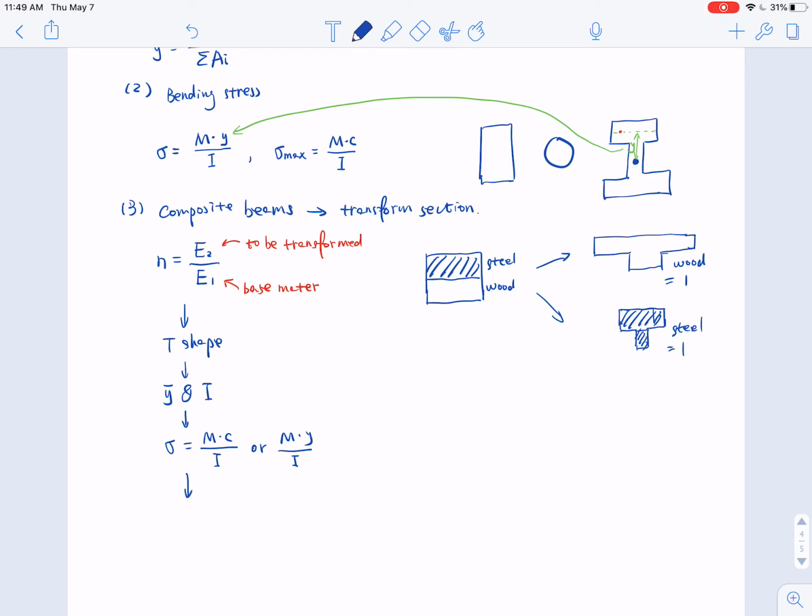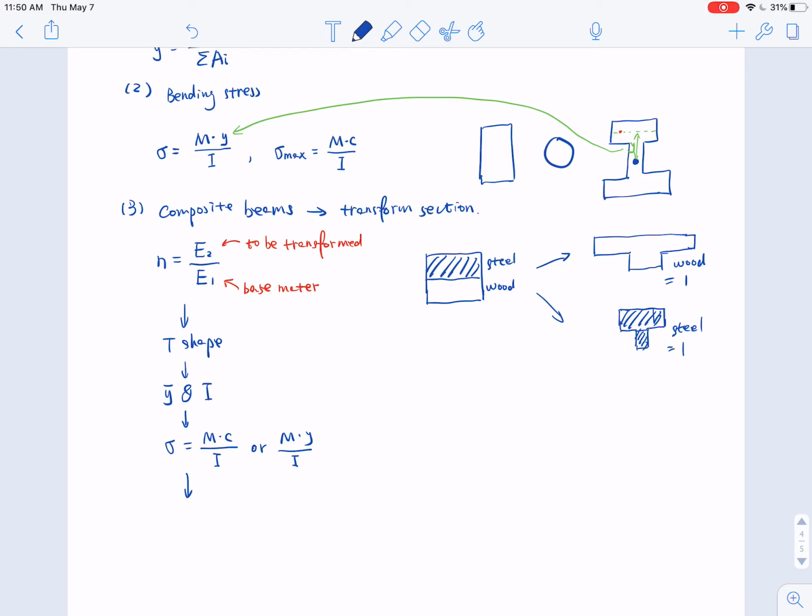Then you will need to do another transformation. Since you changed the properties of the materials, steel into wood or wood into steel, you need to transform the calculated result back. For the base material, you do not need to change anything. The calculated stress will be the stress.